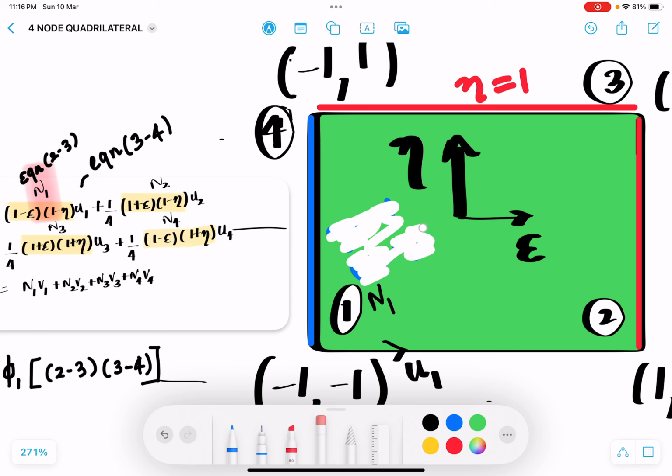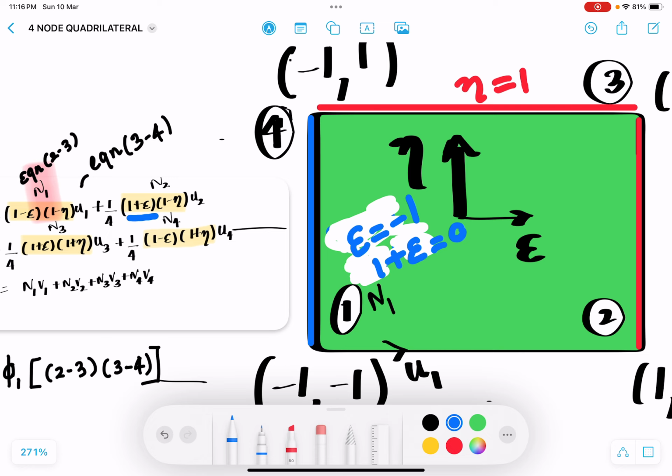Eta keeps changing; epsilon doesn't change. Epsilon is a fixed value. So let me write that once and for all very clearly. The value of epsilon is equal to minus 1, it's not changing, the blue line, so you get 1 plus epsilon is equal to 0. So you can see 1 plus epsilon is here.